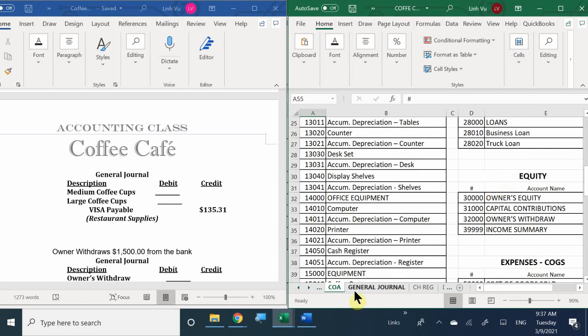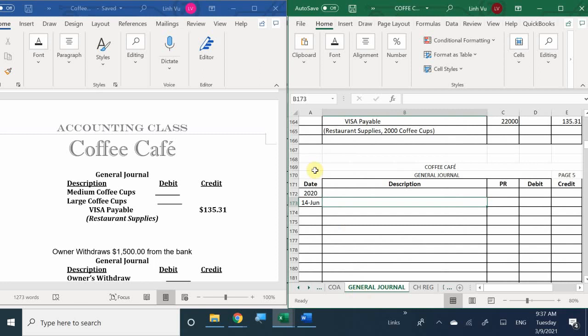Yes. 32. Specifically, it's an equity account, right? Because we're decreasing the value of our company because we're taking money out of our company. But yes, good. Owner's withdrawal. Okay? And it's for 32,000 for the account. But lastly, how are you going to pay this person? How are you going to pay the owner?